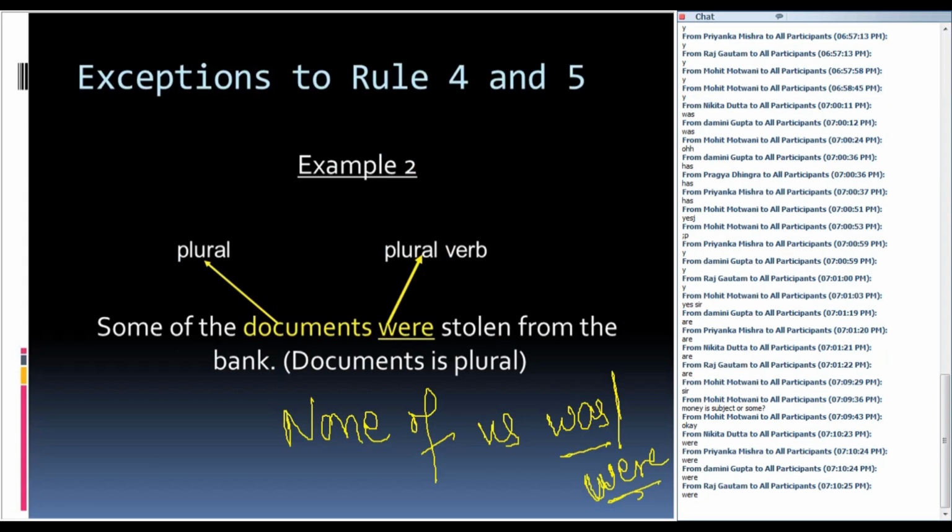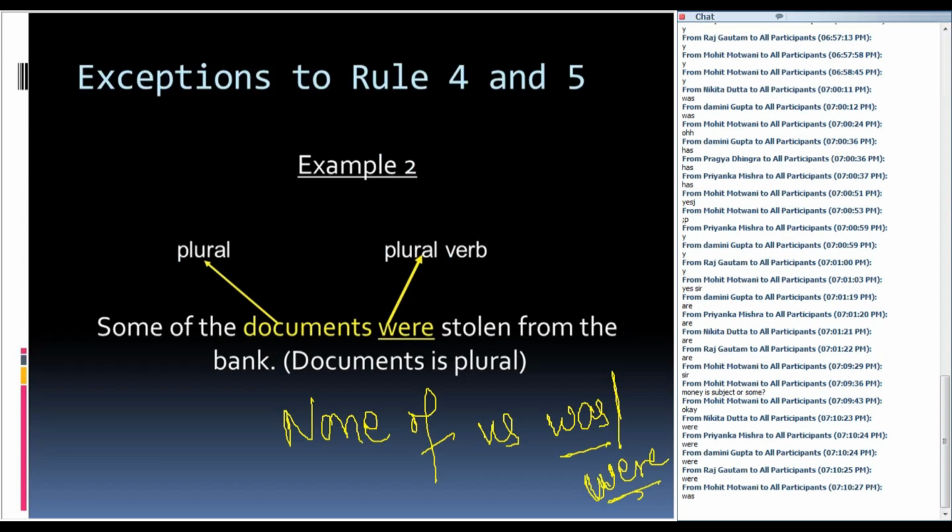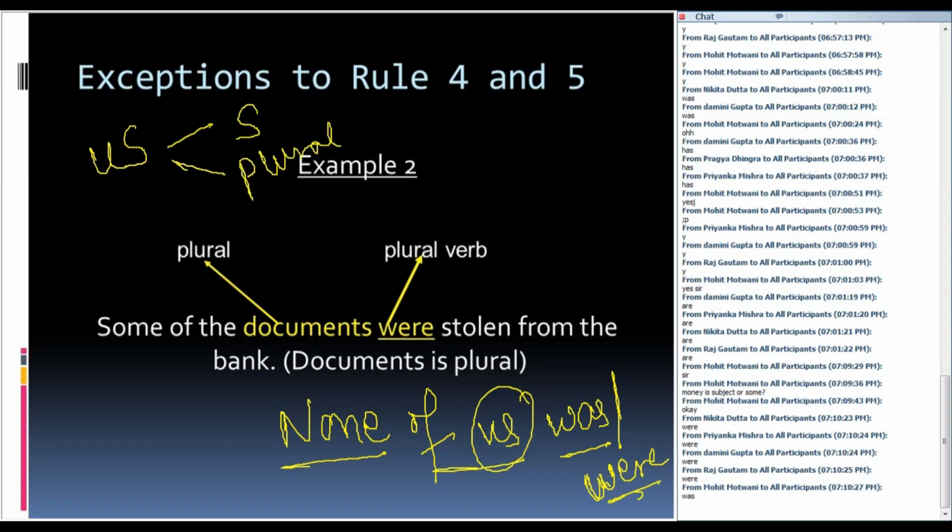All of you will select were, because none is a SANAM pronoun. So whatever comes after the of construction is going to be the subject. So your subject is us. But if you check the dictionary, you will see that the word us is both singular and plural. It can be used in both ways. So now the question is, what do we do?